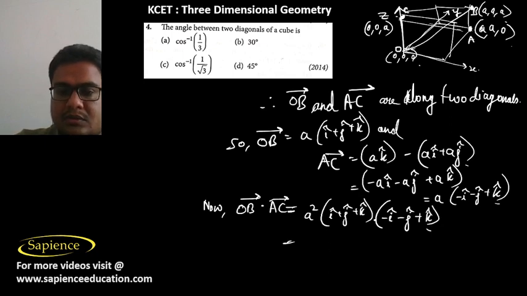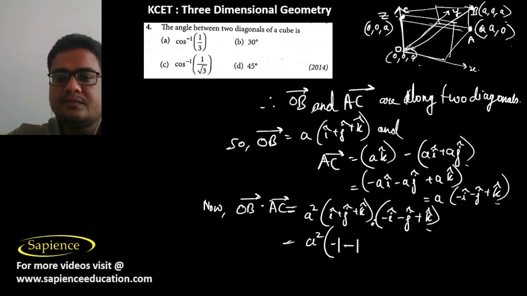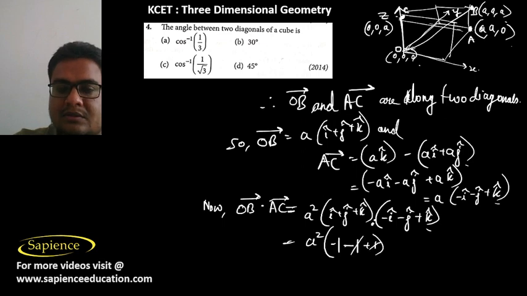OB dot AC is a square into i cap dot minus i cap, that is minus 1, plus j cap dot minus j cap, that is also minus 1, plus k cap dot k cap, that will be plus 1. So the 1 will cancel out, leaving minus a square.